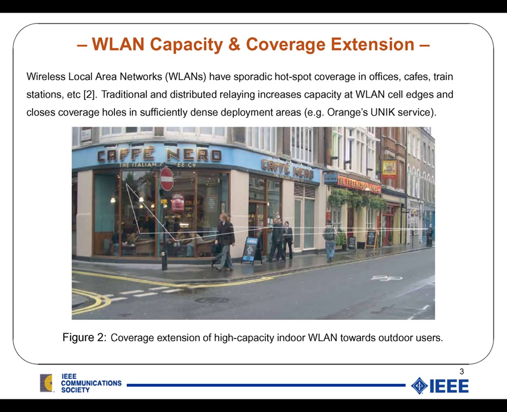Here you see a picture of a cafe in London. Here's Professor Aghvami just going into that cafe, and that cafe happens to have a wireless LAN access point. Now in London, there are quite a lot of wireless LAN access points, and one can imagine that one day there will be a complete coverage of central London using exactly these types of relaying mechanisms.